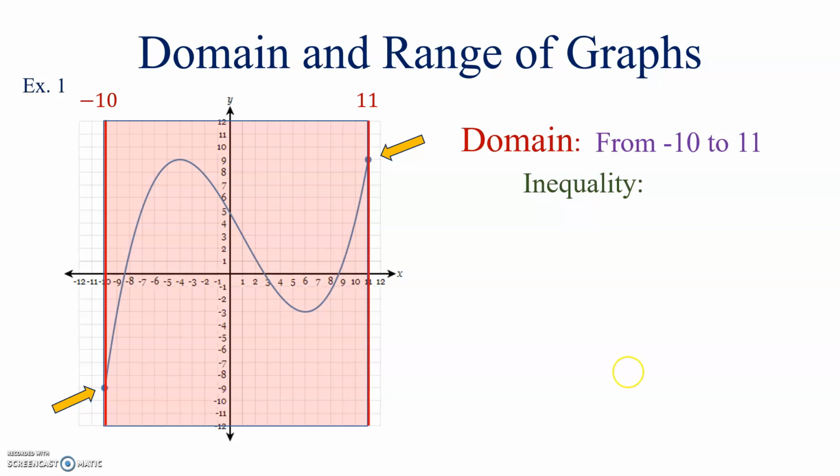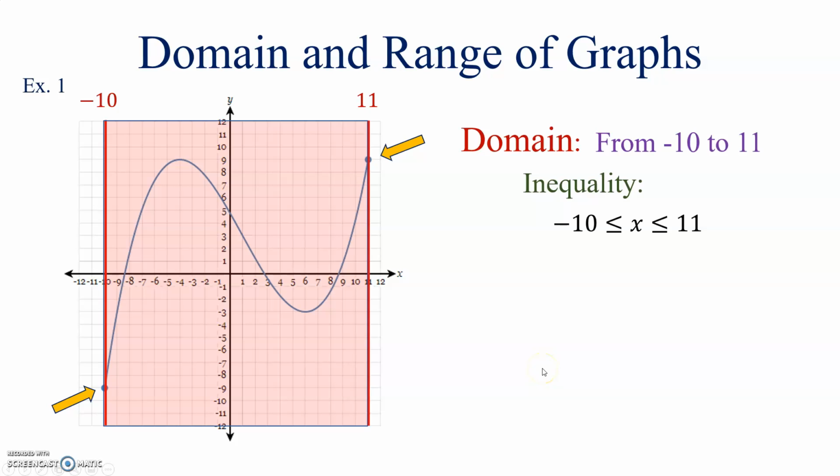The same thing with the 11. So my inequality would be -10 is less than or equal to x, which is less than or equal to 11. Again, it's in numerical order from -10 to 11, and -10 is in fact less than, so to keep you focused, that's why I'm using the less than symbol.